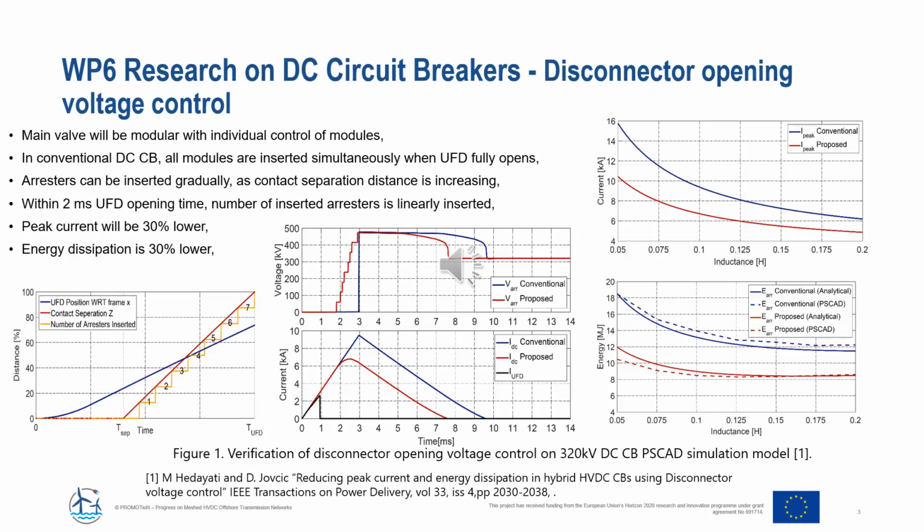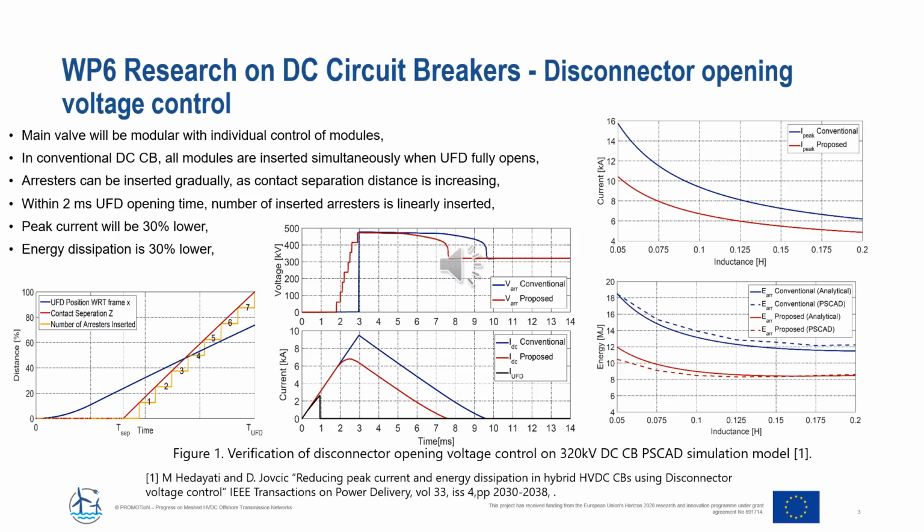This slide presents the concept of controlling the voltage across the ultrafast disconnector. The main valve of the hybrid DC circuit breaker will be modular with the possibility of individual control of these modules. In conventional hybrid DC CB, all modules are inserted simultaneously when the ultrafast disconnector contacts are fully open.